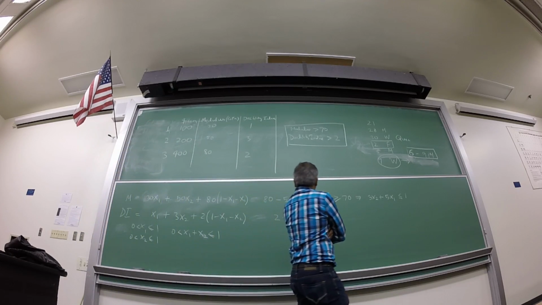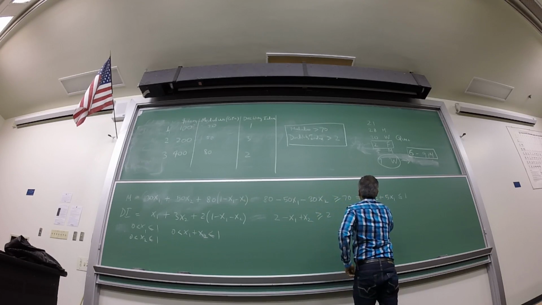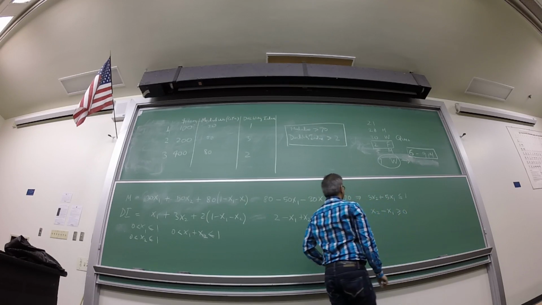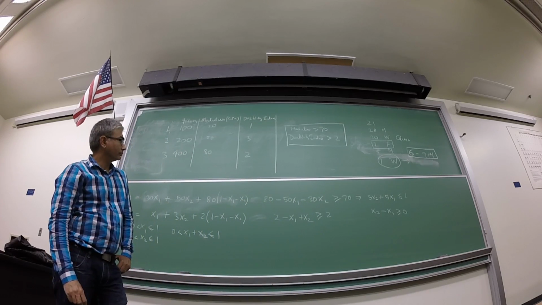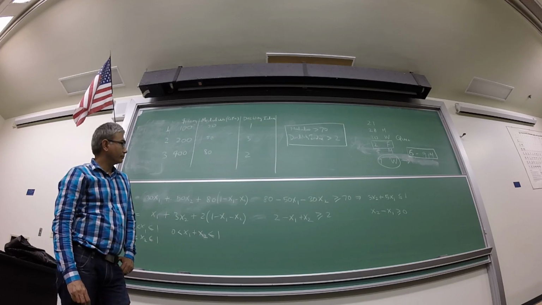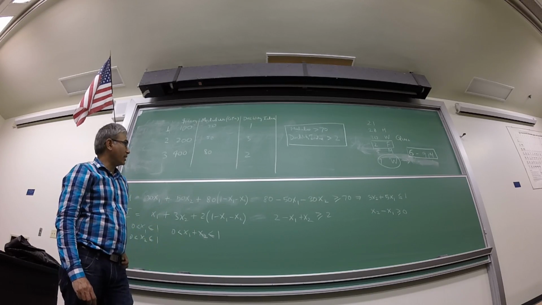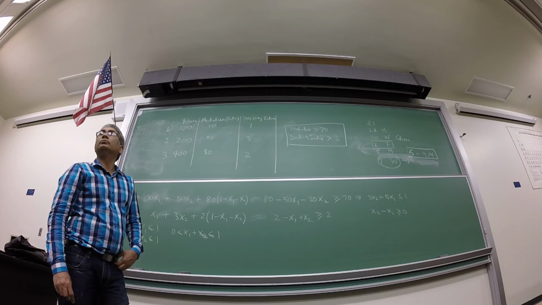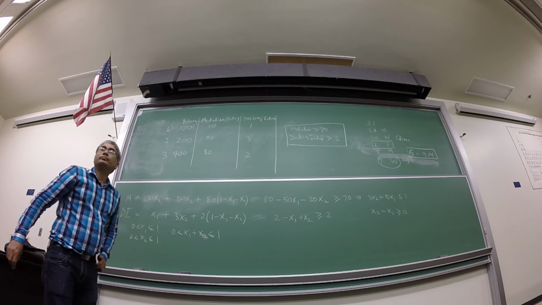And then similarly, actually this equation works out really beautifully. x2 minus x1 should be greater than or equal to 0. Sorry? No, I put x2 minus x1, right? Huh? Yeah, that's why it should be greater than or equal to 0.